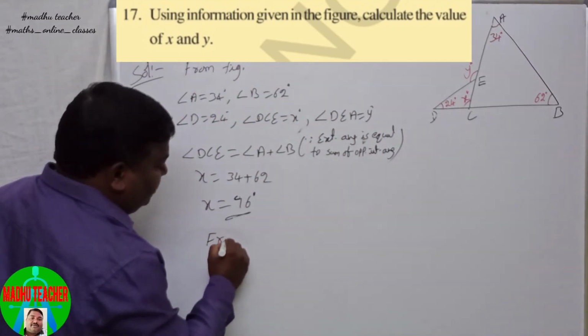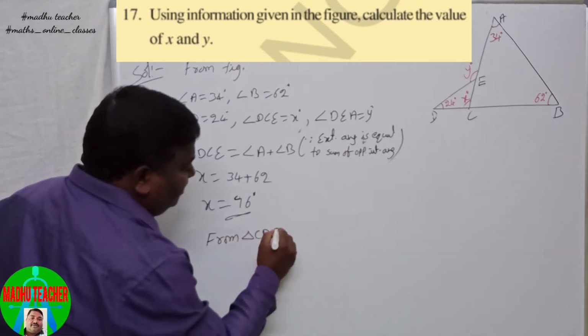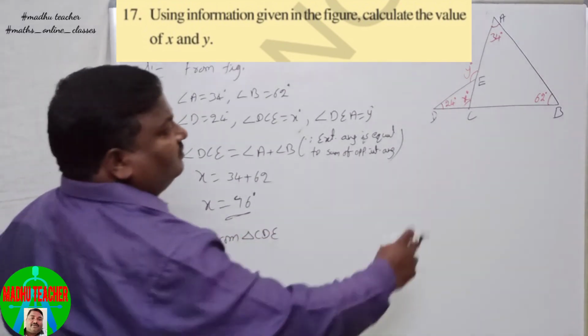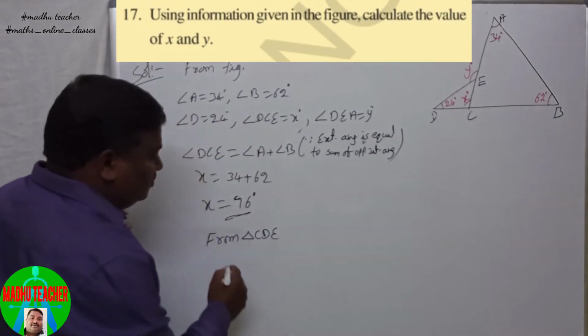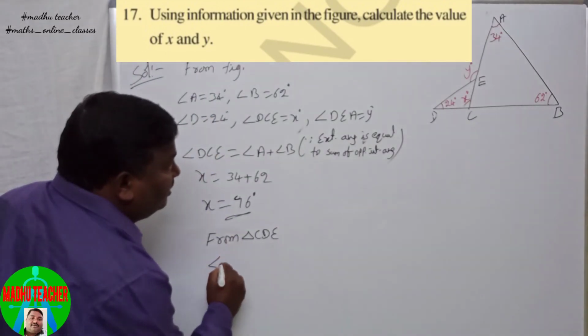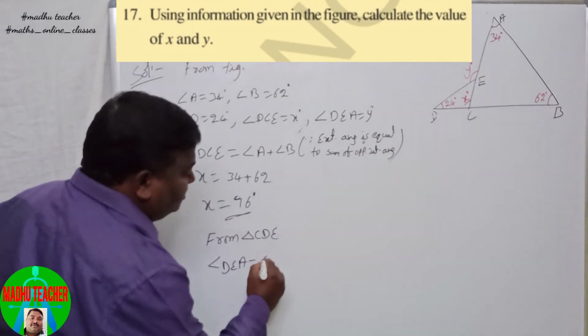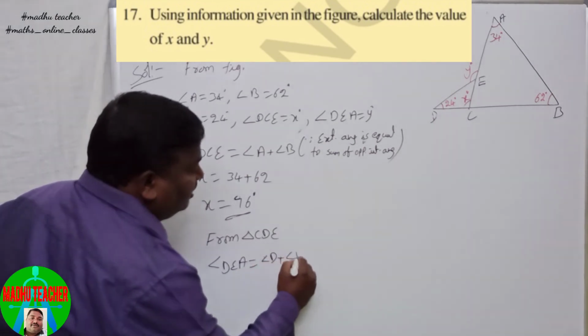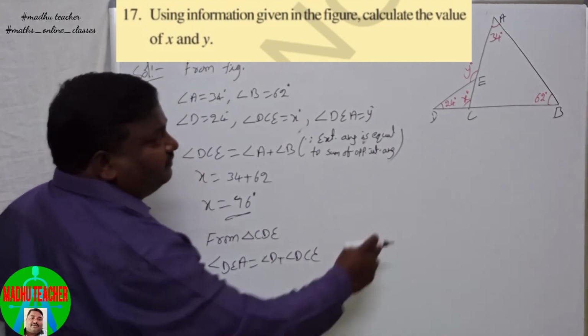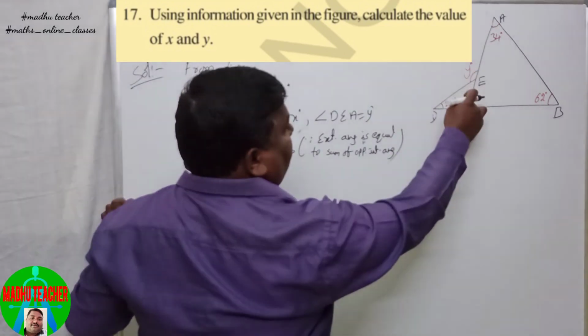From triangle CDE, exterior angle DEA equal to sum of opposite interior angles, angle D plus angle DCE.